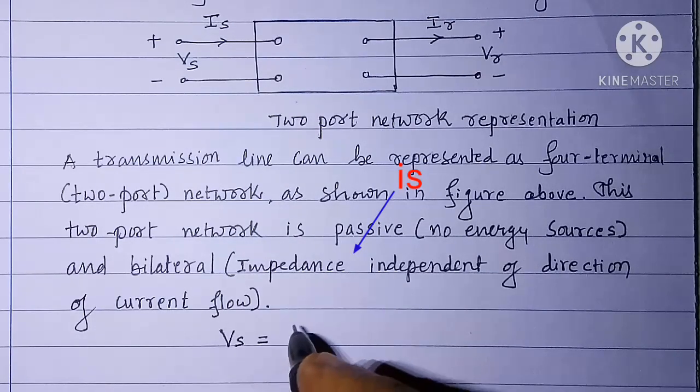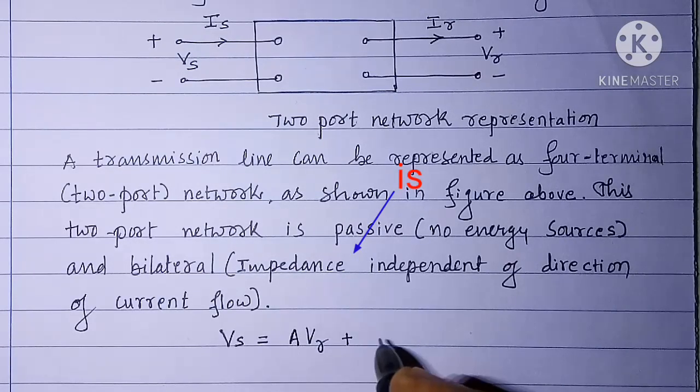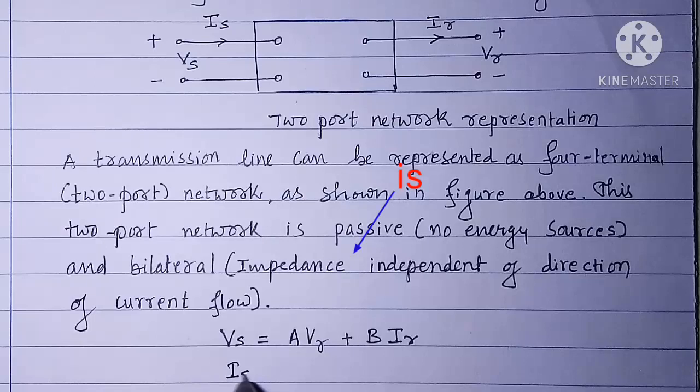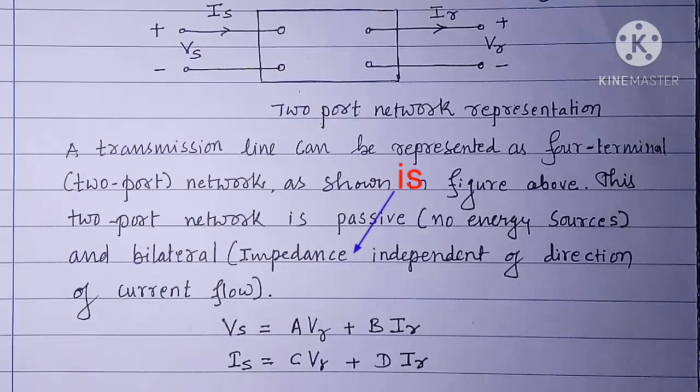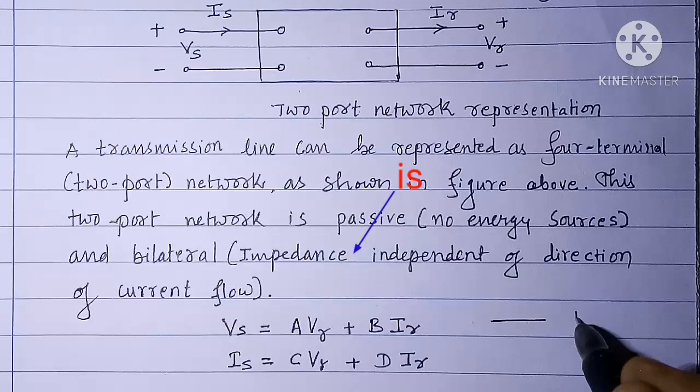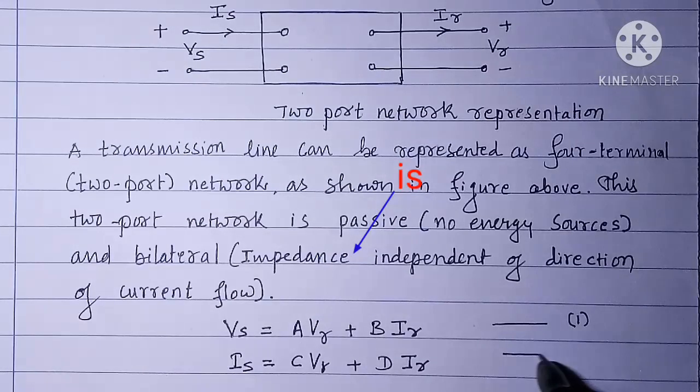Vs equal to A into Vr plus B into IR. Is equal to C into Vr plus D into IR. Let us call this as equation 1 and this as 2.